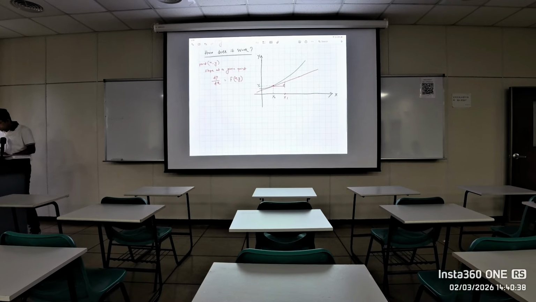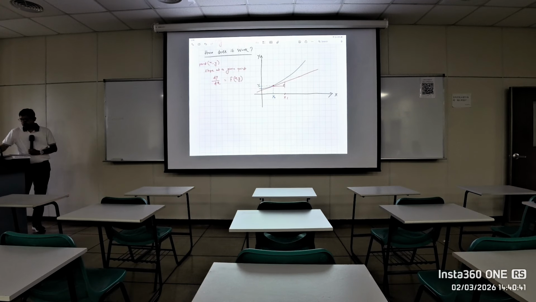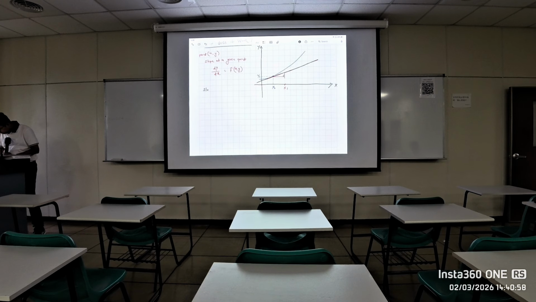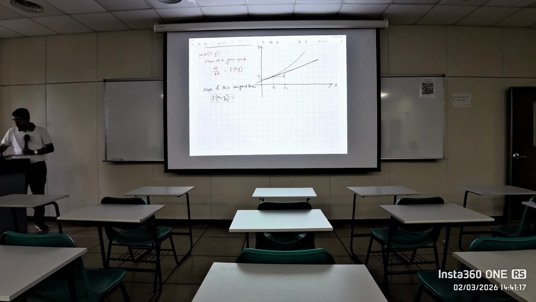so what is the slope of this tangent line? This is the tangent line. You can see this is the tangent line at this particular point x0, y0, right? Now the slope of this tangent line, that is f of x0, y0, is equal to how much?